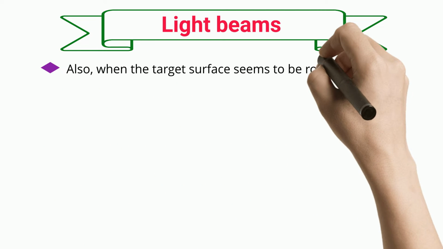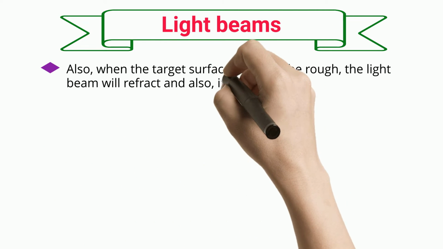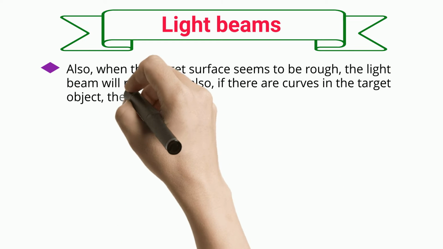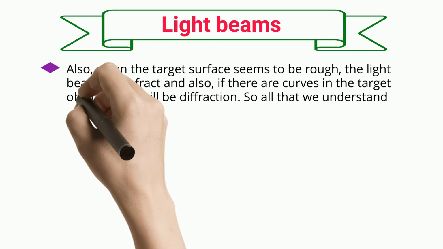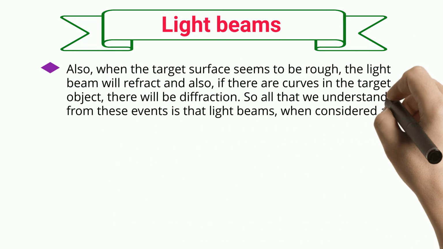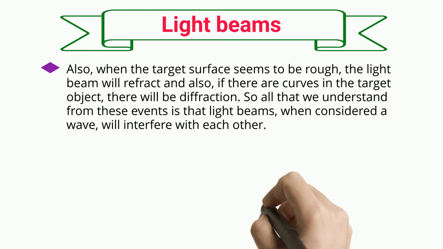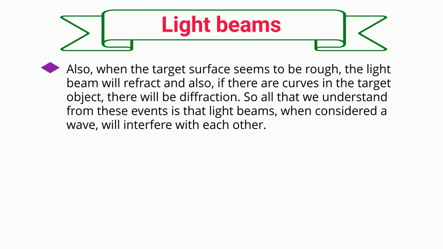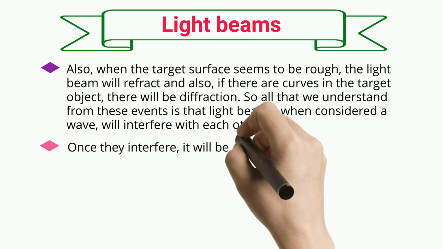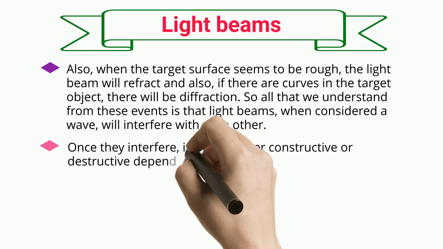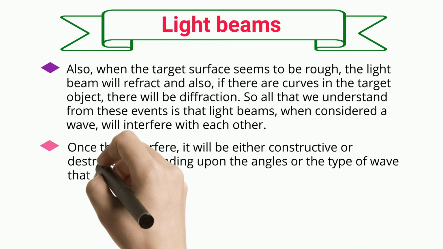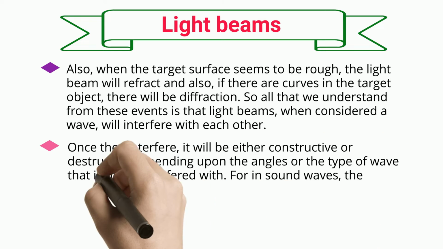Also, when the target surface seems to be rough, the light beam will refract, and also, if there are curves in the target object, there will be diffraction. So all that we understand from these events is that light beams, when considered a wave, will interfere with each other. Once they interfere, it will be either constructive or destructive depending upon the angles or the type of wave that is being interfered with.